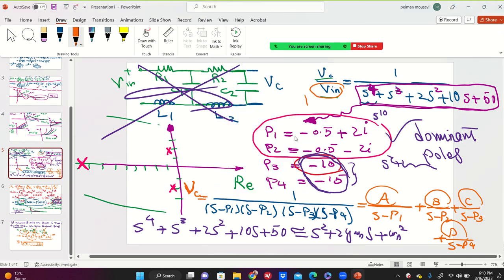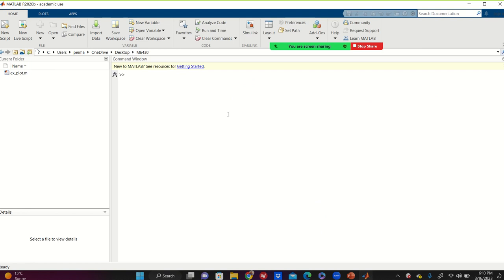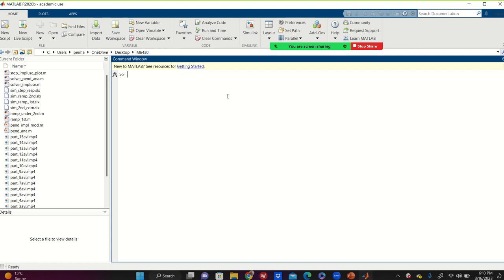So when you have the system, for example, suppose we have a command in MATLAB with the name solve. You can say sym, which means symbolic. sym x, if I remember correctly. Now your x is the symbolic variable in MATLAB. To be consistent, I say sym s because we know our s variable. So solve.